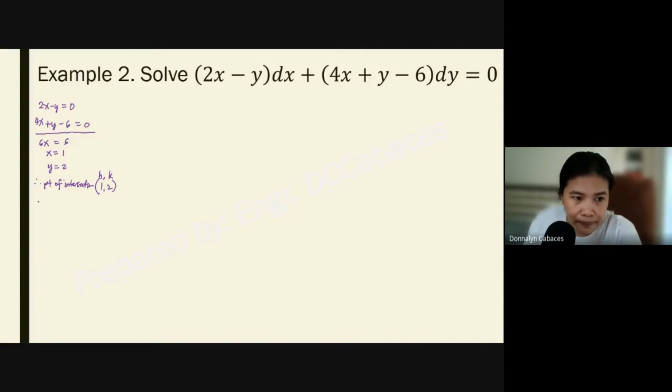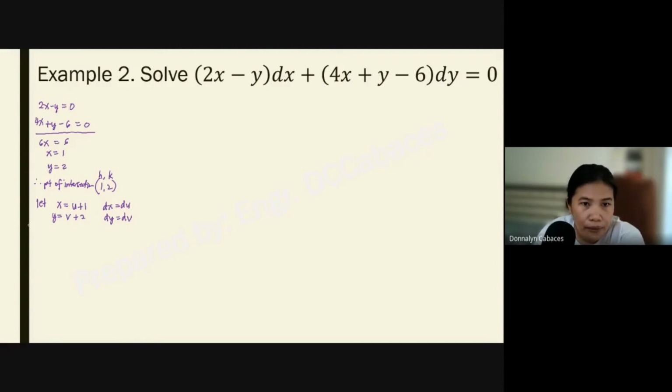We let x be u plus h, so u plus 1, and y equals v plus 2. Then dx is du and dy is dv. Then we substitute or replace in the given differential equation.